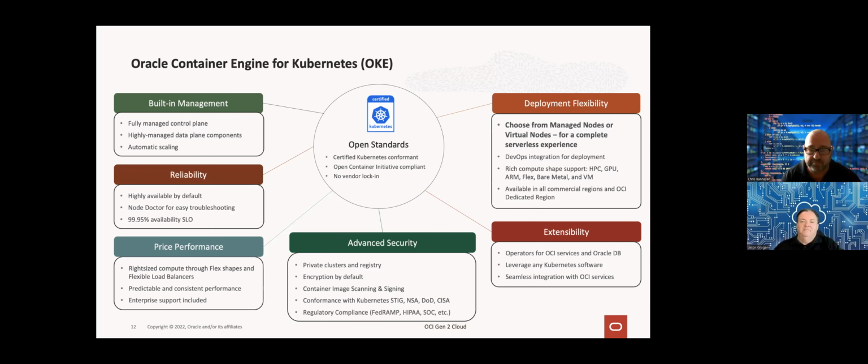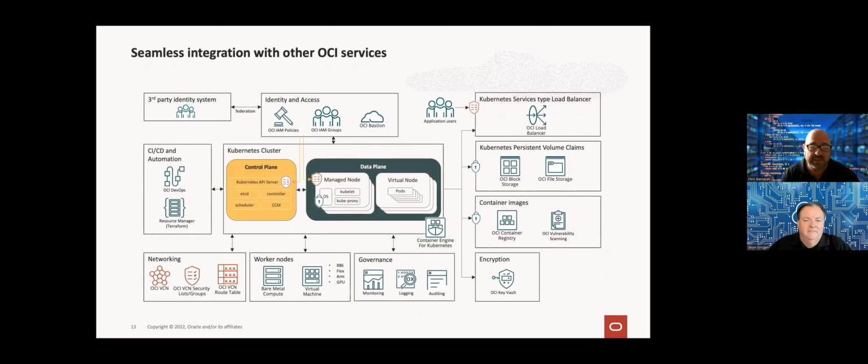Excellent. So it's seamless integration. This is one of the great things about it, that we can connect to any service that's running in OCI, whether it's persistent volume claims, load balancer connectivity, or container images that run either on OCIR or from external registries.